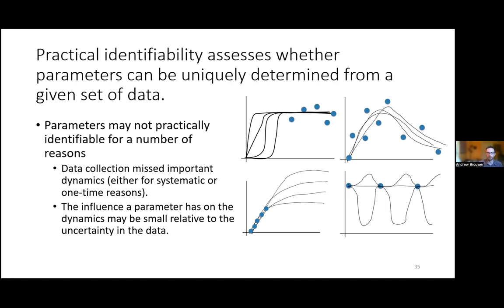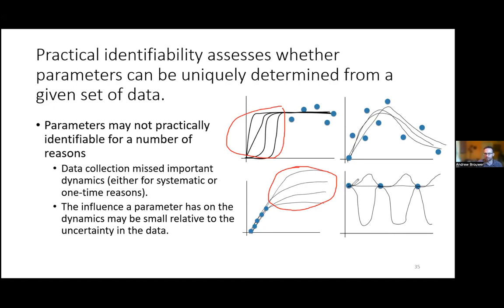So that might mean things like the data collection is missing important dynamics, either for systemic or one-time reasons. So maybe all the dynamics are happening before the data are collected. Maybe they all happen after. So within the context of a human life, for example, these would only happen like 300 years in the future.